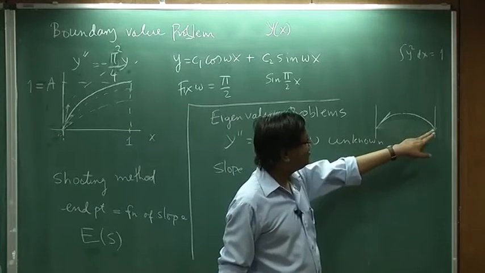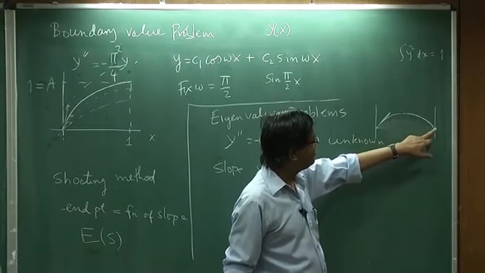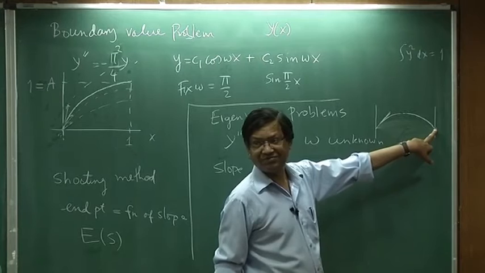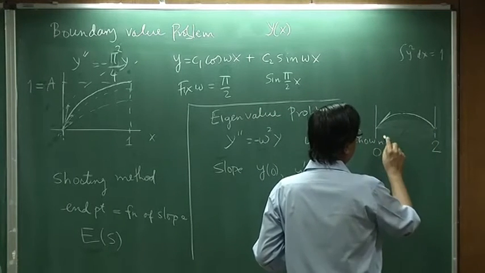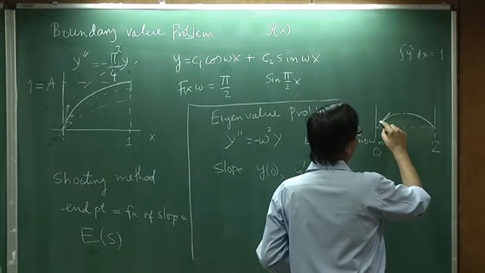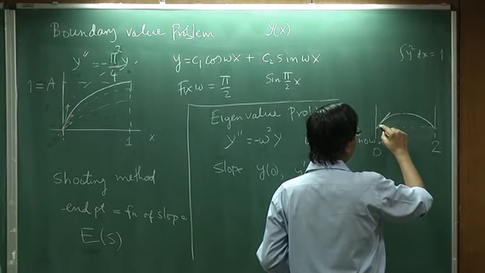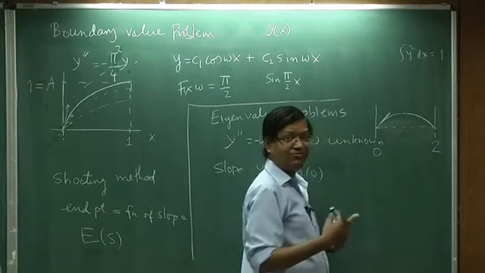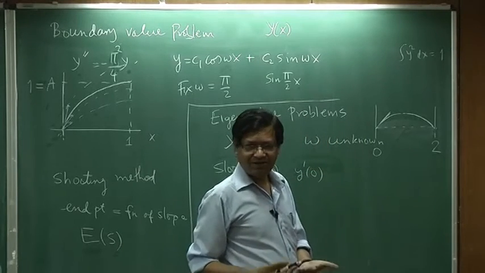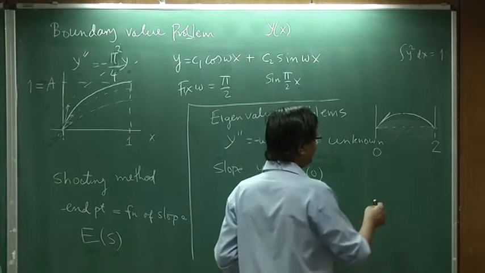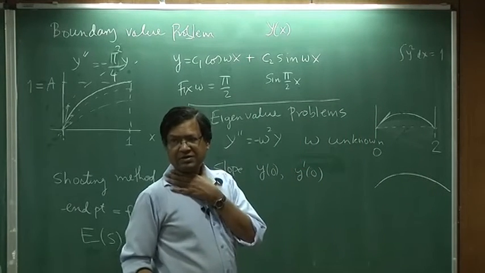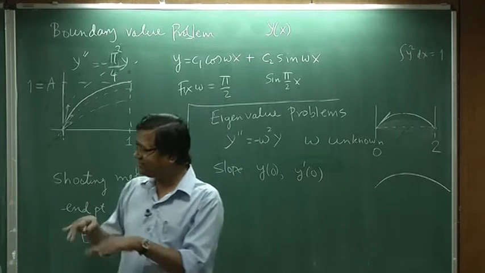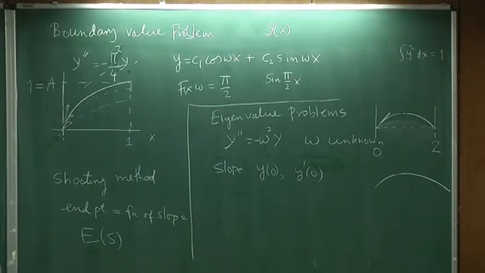It is not guaranteed, in fact very unlikely, that you will hit 0 here at x equal to 2. At x equal to 2, with the same slope, with a trial omega, you are likely to just overshoot or undershoot. I do not know my omega.